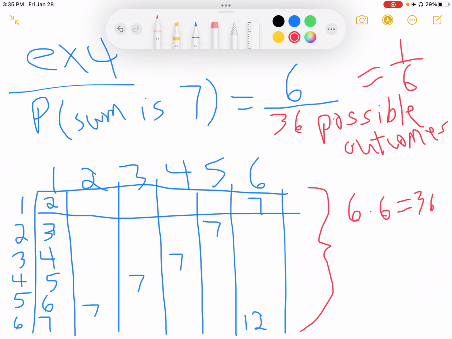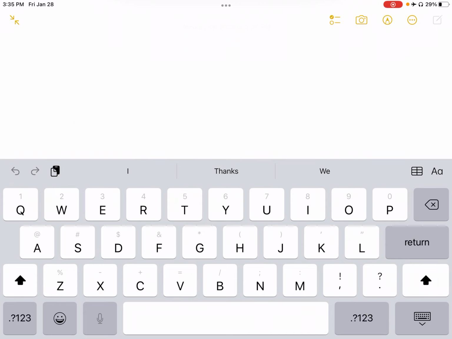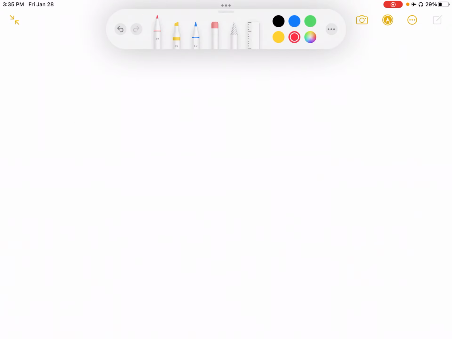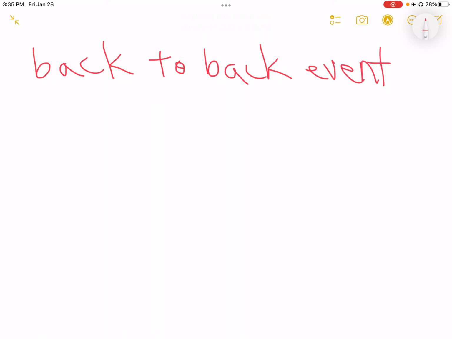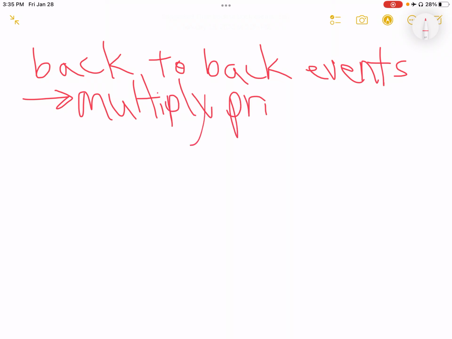All right, and so then when we go to our next little example, we're going to look at back-to-back events. Then we simply say that we're going to multiply probabilities, right, because everything has to align in order for that to happen.